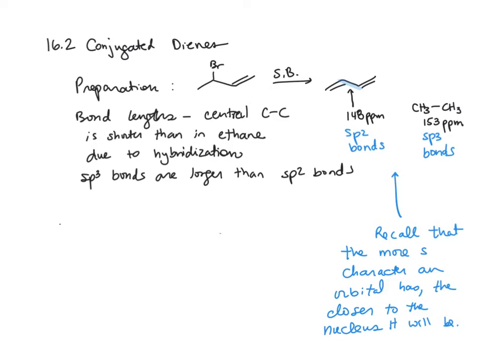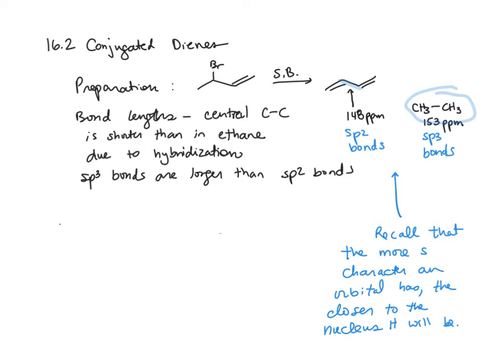With the diene, the carbon-carbon single bond in the center is only 148 pm in length, whereas in ethane, the carbon-carbon bond is 154 pm in length. So what is the difference for this, given that these are both single carbon-carbon bonds?